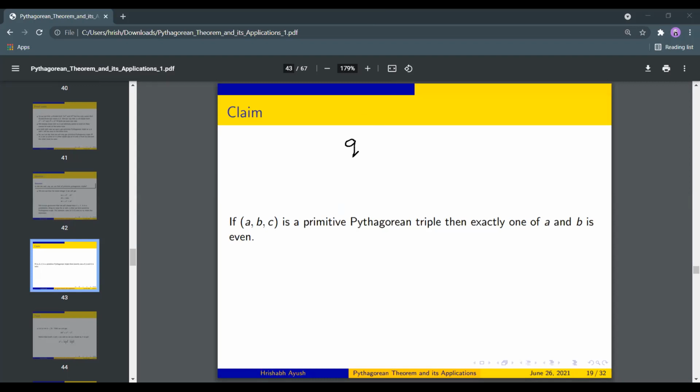If the GCD of A, B, C is equal to 1, that means the GCD of A and B would also be 1. So exactly one of A and B has to be even.